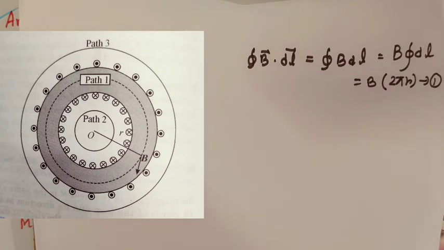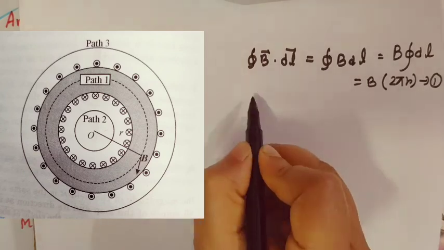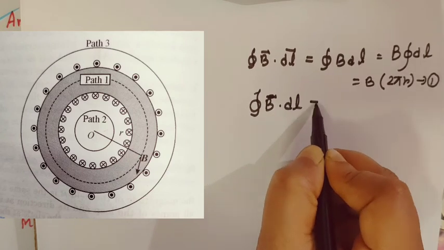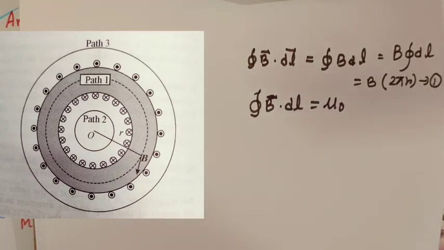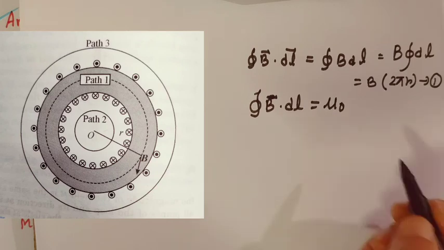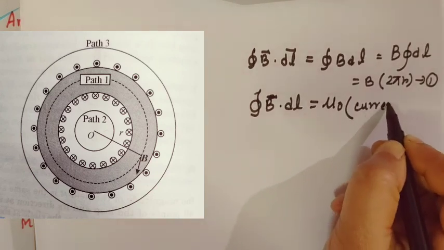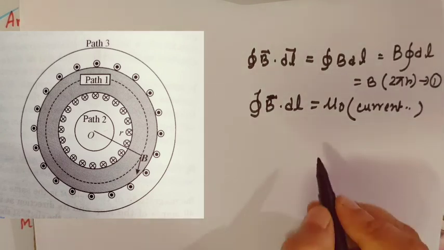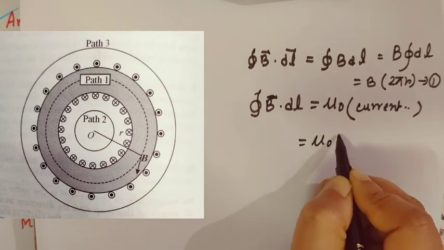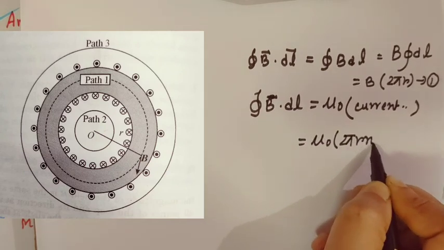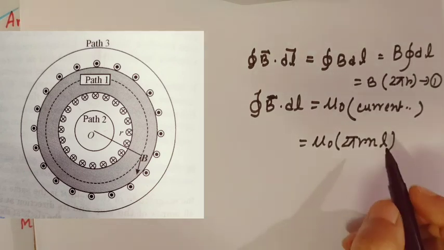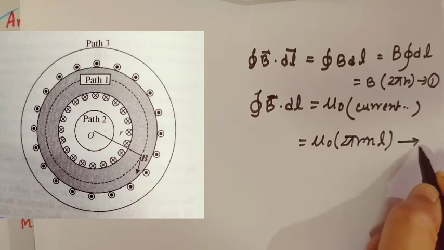Also, applying Ampere's circuital law over the Amperian loop of radius r, what can we write? Closed integration B dot dl is equal to mu naught into the current passing through the loop, which is equal to mu naught into 2 pi r n I. So give this equation number 2.